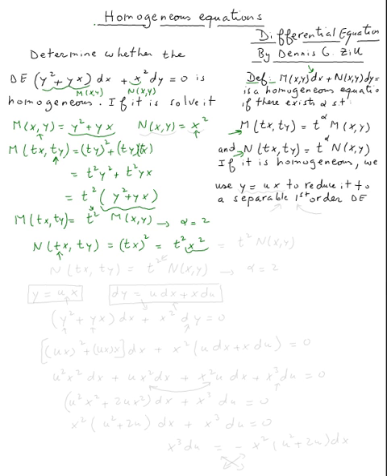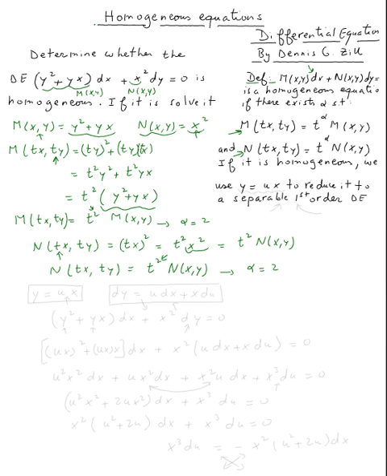Looking at it, x squared is just N of x, y. So basically we just proved that N of tx, ty is equal to t squared N of x, y. So this is my alpha, and the equation is homogeneous of degree 2.